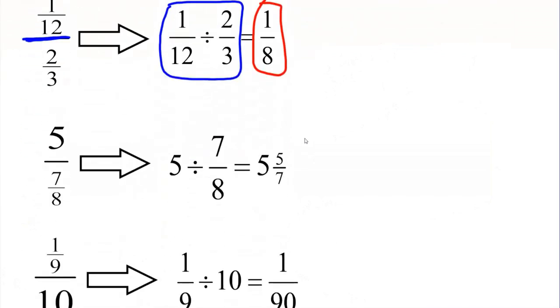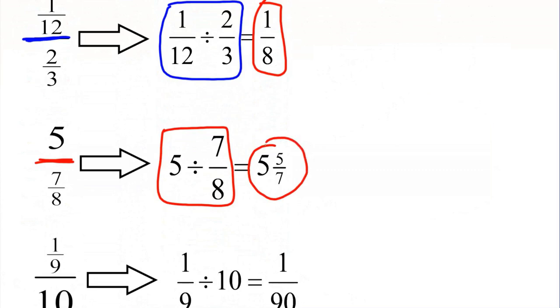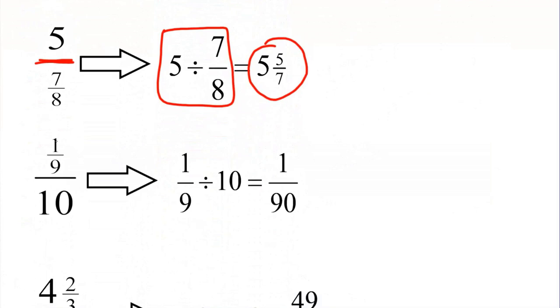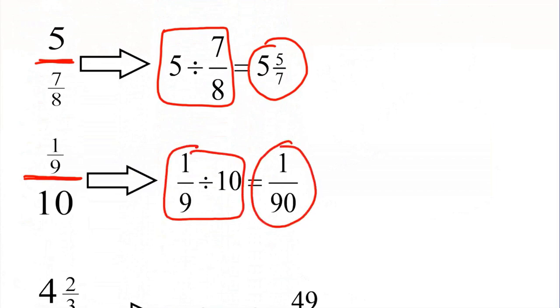Here again, 5 over 7/8, we can think of that as 5 divided by 7/8. So we take 5 divided by 7/8, and when you do that, you get 5 and 5/7. So 5 over 7/8 actually has a value of 5 and 5/7. And then 1/9 over 10, we can think of that as 1/9 divided by 10. And when you take 1/9 divided by 10, you get 1/90th.